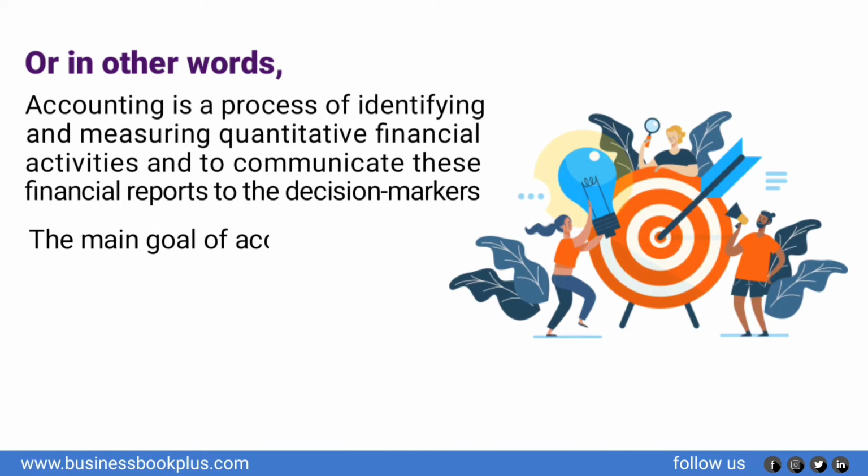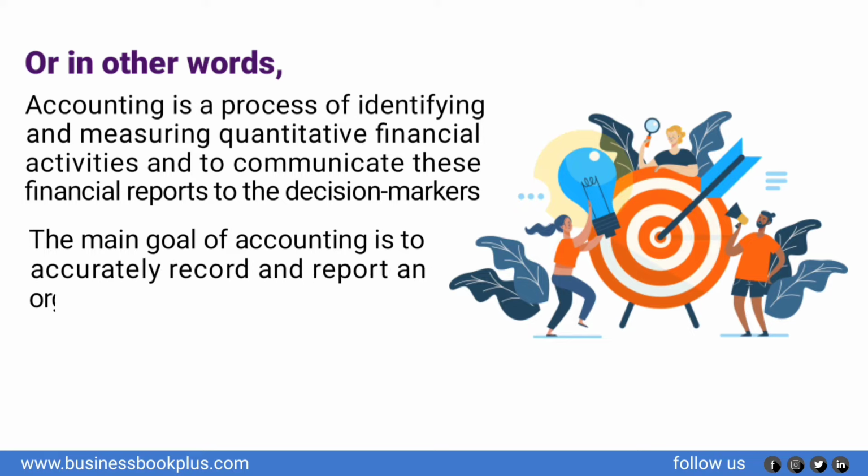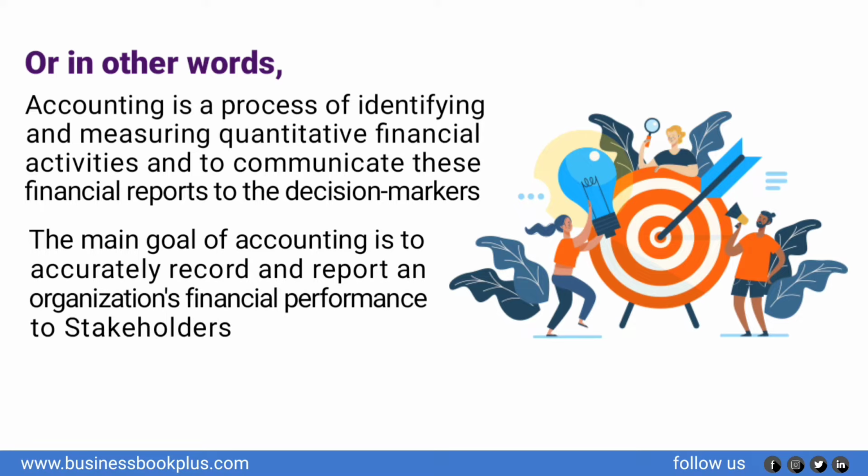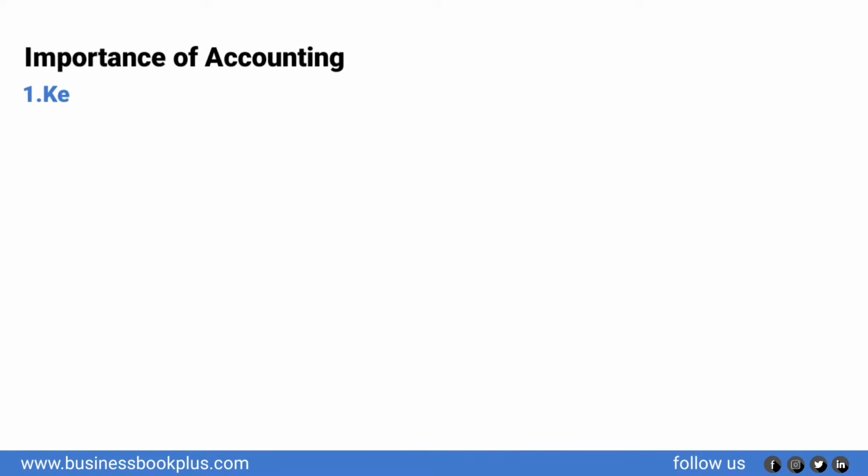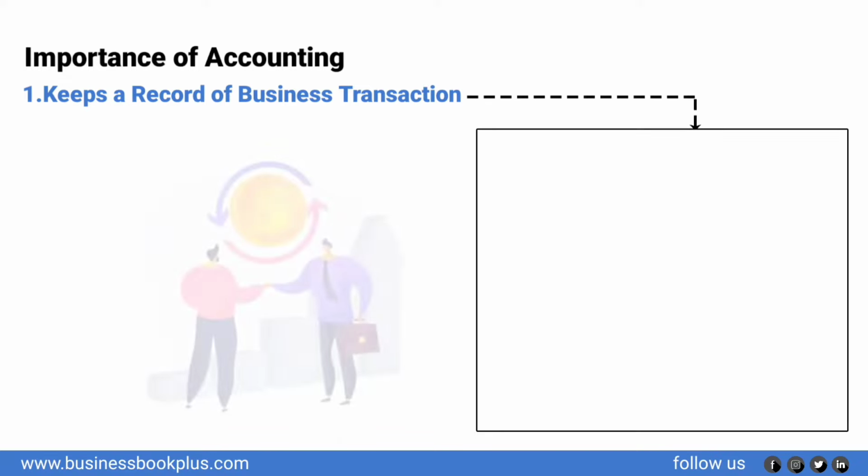The main goal of accounting is to accurately record and report an organization's financial performance to stakeholders, shareholders, investors, and lenders. Importance of accounting. Accounting keeps a record of business transactions.